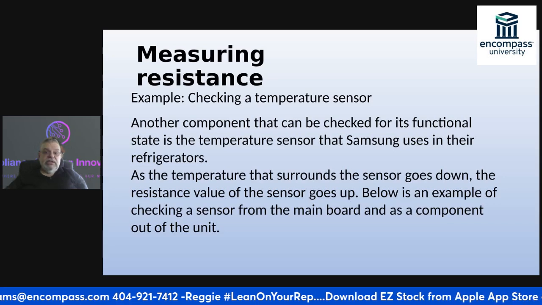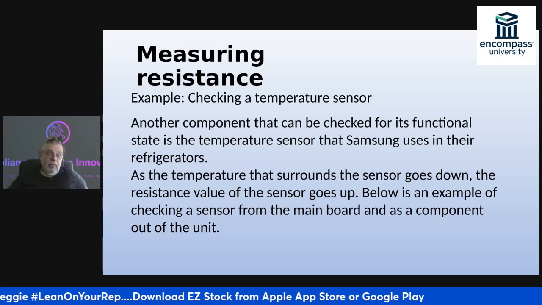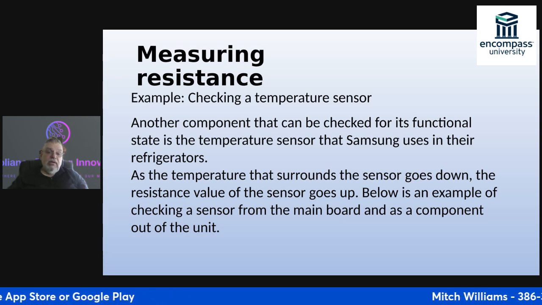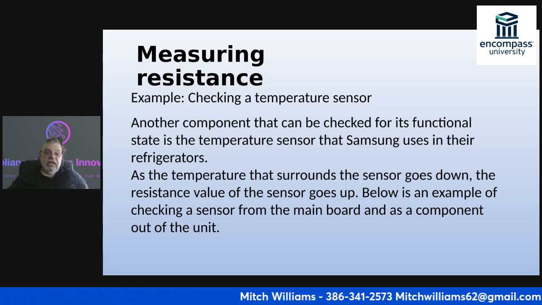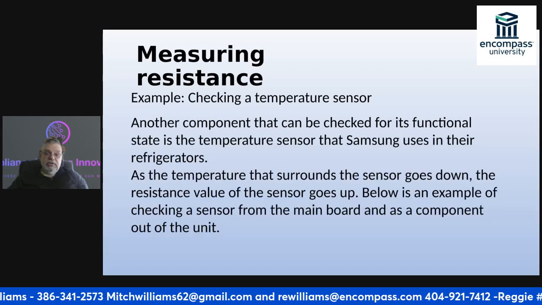As the temperature that surrounds the sensor goes down, this is very important, the resistance value of the sensor goes up. Below is an example of checking a sensor from the main board as a component out of the unit. You've got to remove this from the unit.